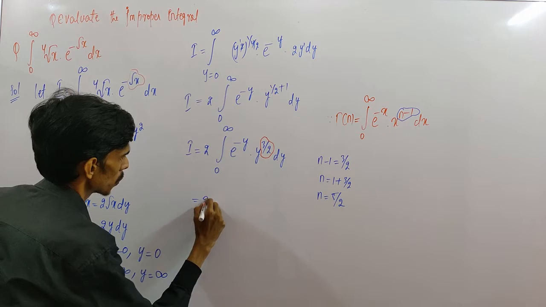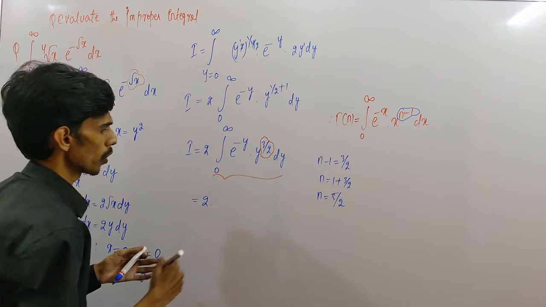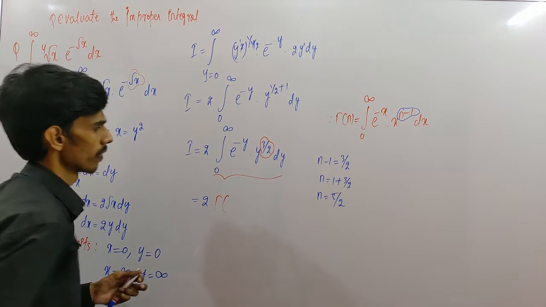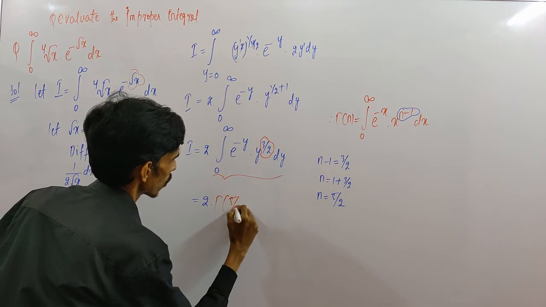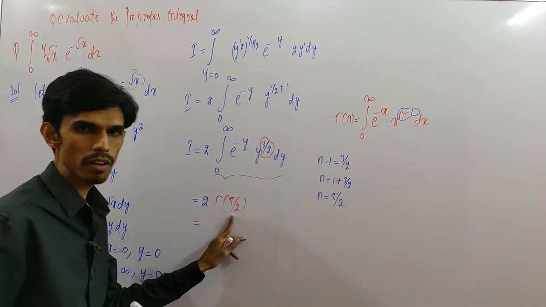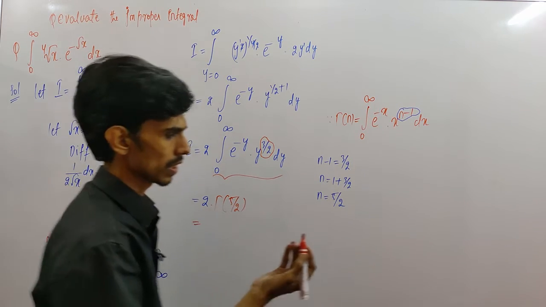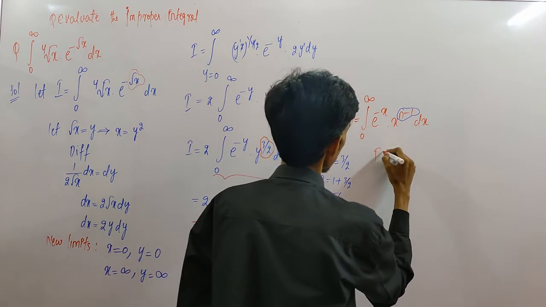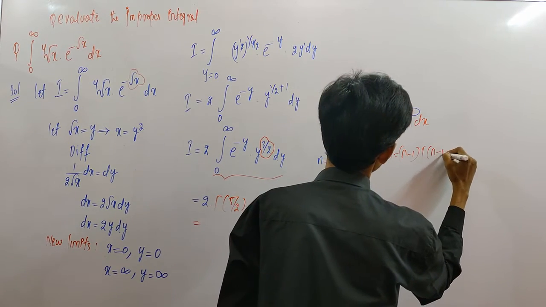Now this is equal to 2. This complete integral will come into the form of gamma of n, where n is 5 by 2. So we have gamma of 5 by 2. This gamma function can be further reduced by using this formula: gamma of n is n minus 1 times gamma of n minus 1.